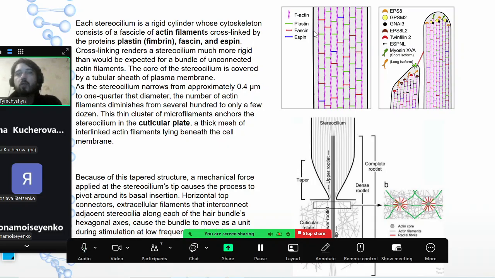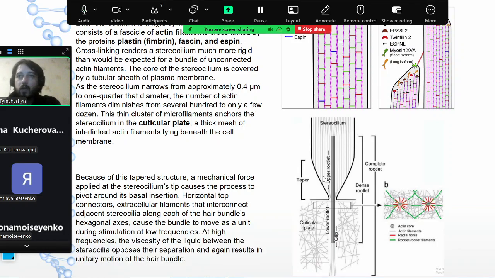Here you see some cross-linking and color coding of that cross-linking. Here this is enlarged. Here you see the channel that will be mechanically opened and different proteins that you have in these stereocilia. And here you see the base of the stereocilia that helps them move here and there.